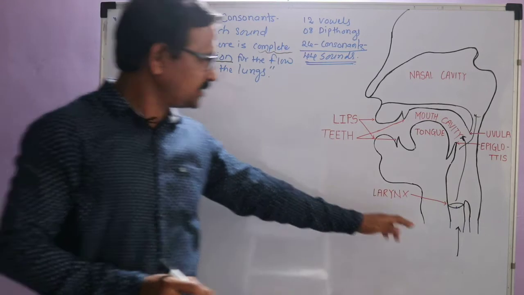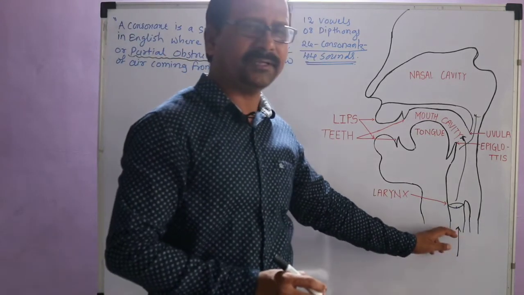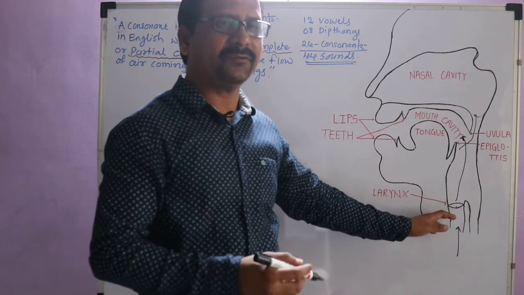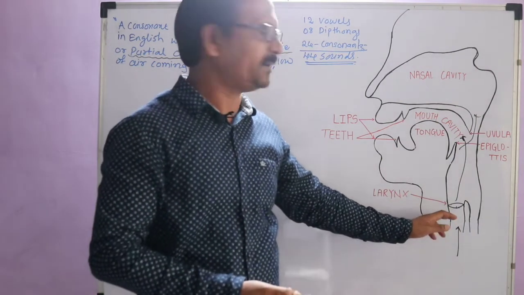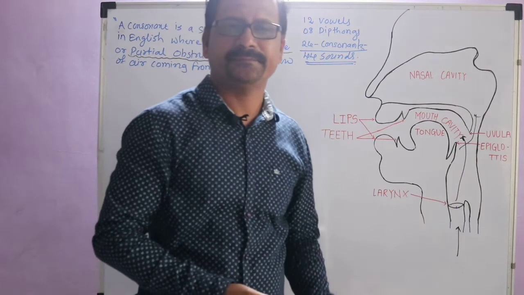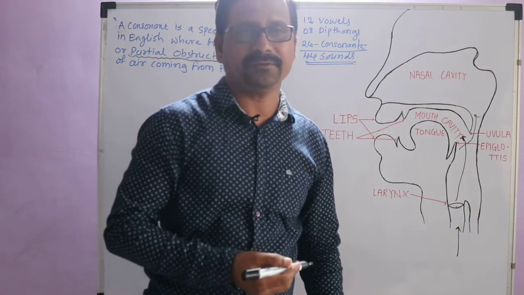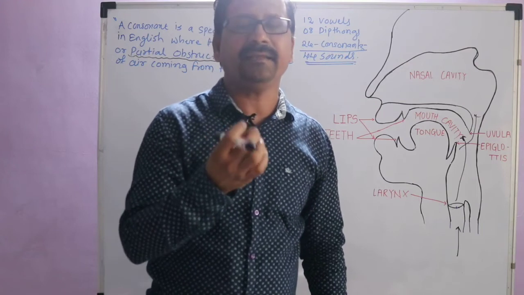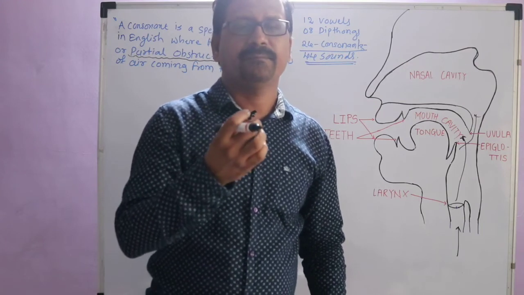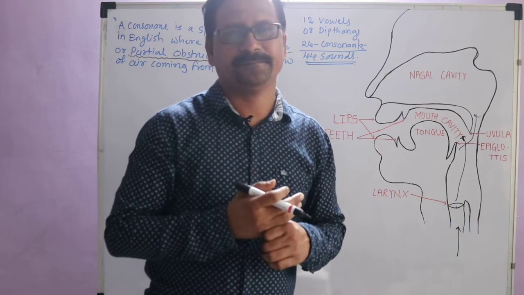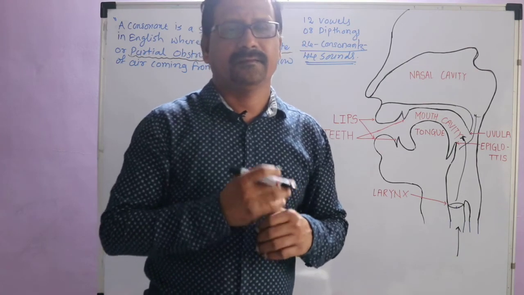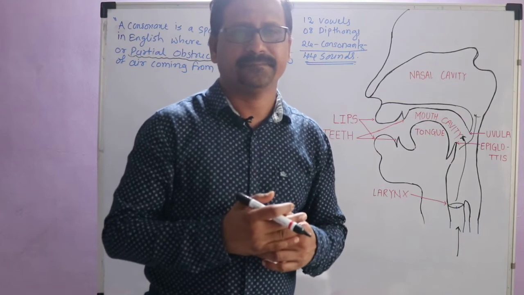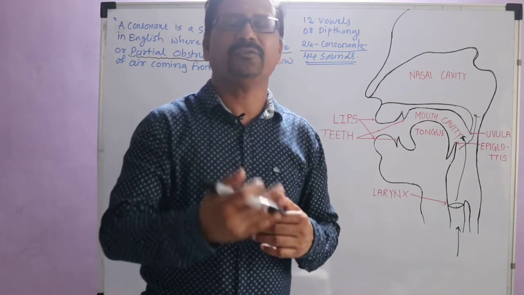As you know, the air comes from the lungs, either vibrating or without vibrating, it comes into the mouth, and when it comes into the mouth, tongue, teeth and lips produce some obstacles, some barriers to stop the air from going out of the mouth.